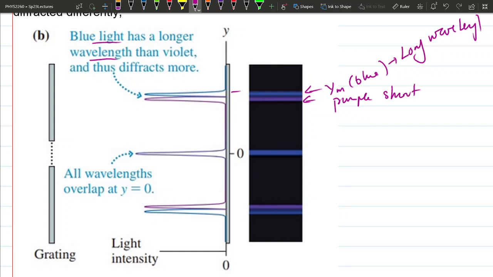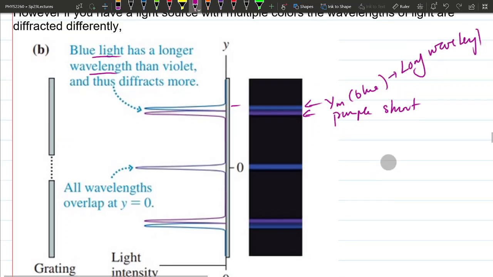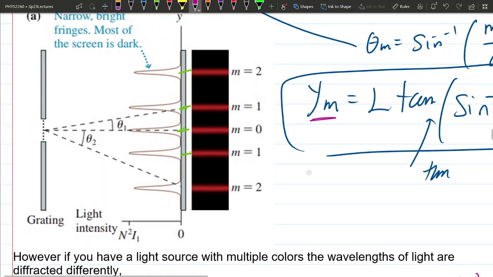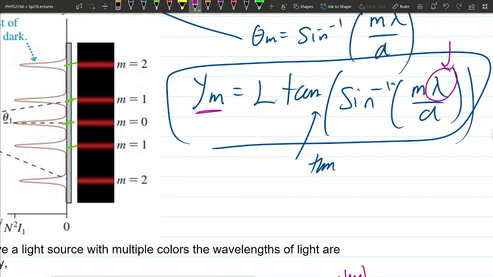Sorry, the y sub m is not as big. And you can see that in the dependence here. As lambda gets bigger, all these y sub m just get spaced out more.